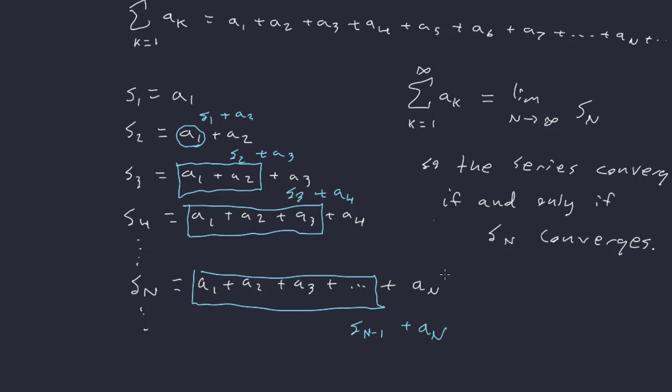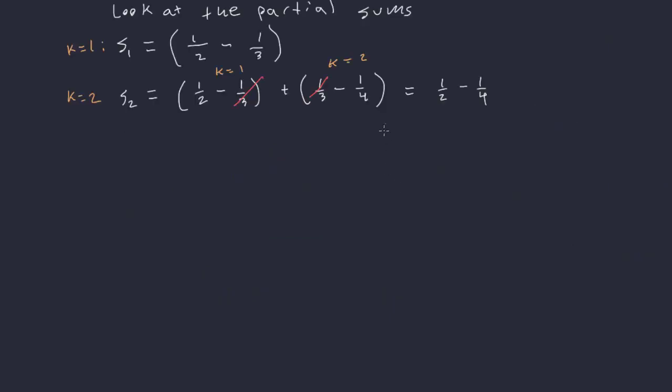Okay, well, how can we use that? Well, we can use that if we scroll back up to what we were looking at. Now, instead of doing all the terms over again, like these two again, and then adding the next one, S3 I can just say is S2 plus the k equals 3 term. So it will save us some time to do it this way.